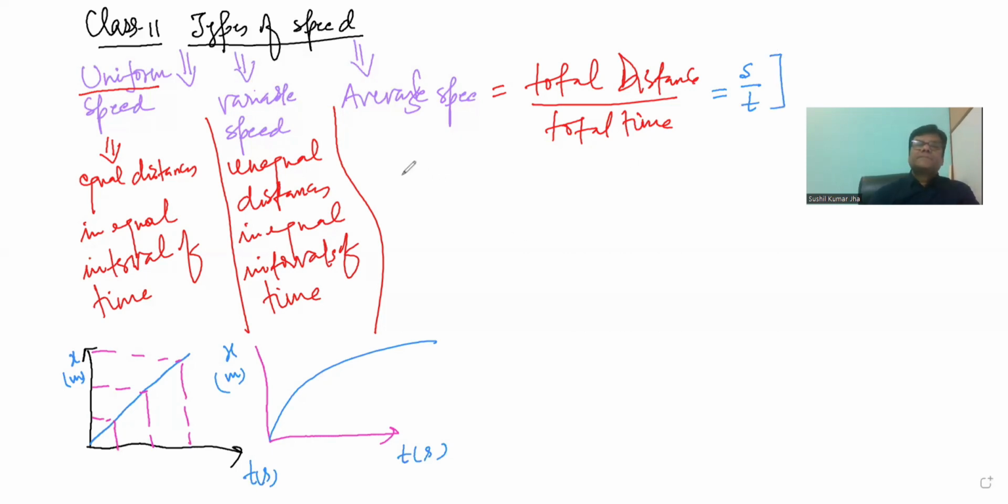Now let's say an object covers distances with different velocities and different distances are covered. So S1, S2, let's say S3. The time interval is also different, T1, T2, T3, and so on.